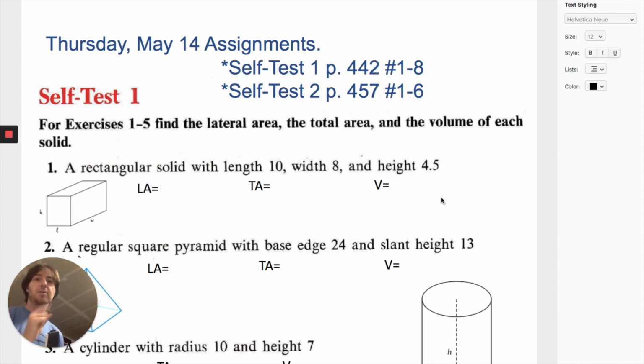On the note about formulas and choosing the right formulas, another thing I want you to have out is that toolkit you were working on all chapter long. You should have all the formulas now for prisms and pyramids and cylinders and cones and spheres and all that good stuff.